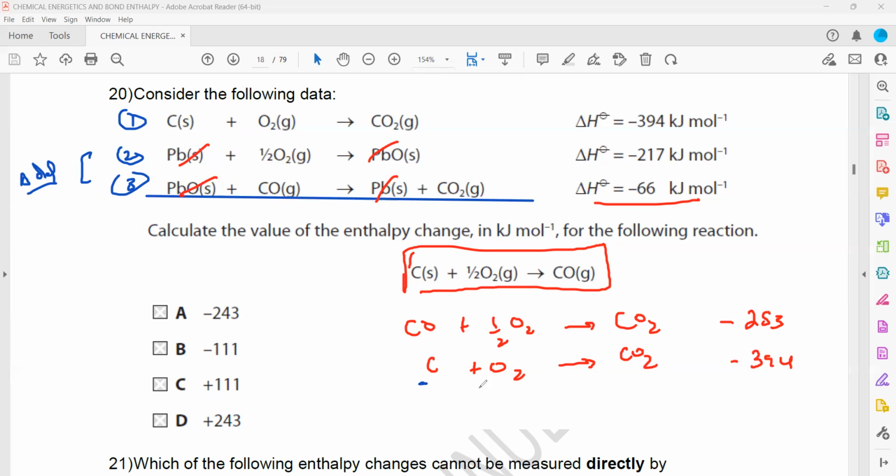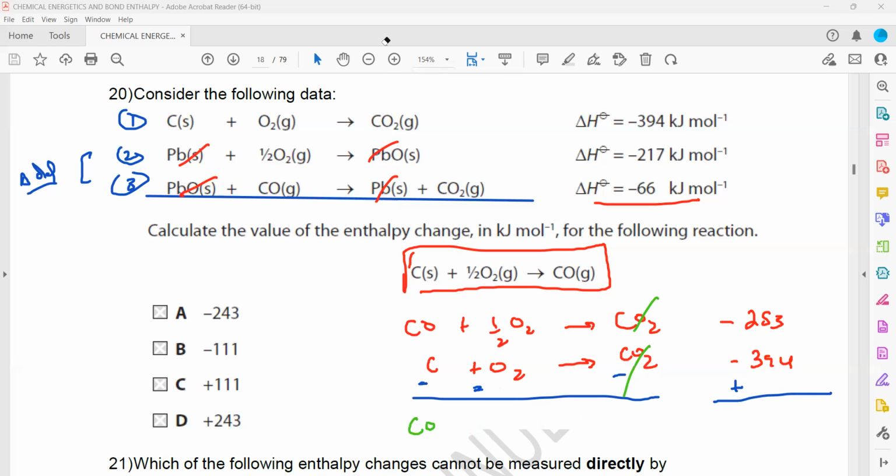This will be minus, this will be plus, like a mathematical equation. Carbon dioxide cancels with carbon dioxide. Here we have carbon monoxide, half oxygen plus 1 oxygen. So minus half oxygen minus C will go to the other side, so it will become C plus half oxygen.